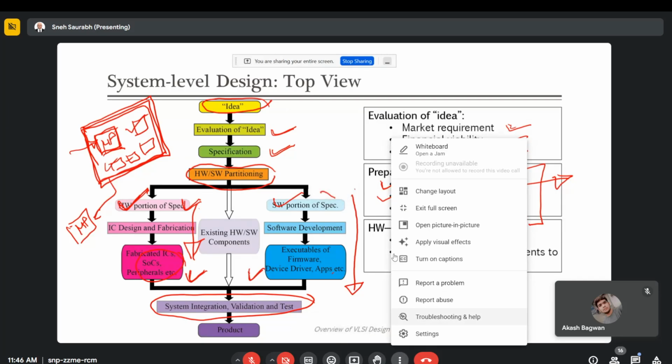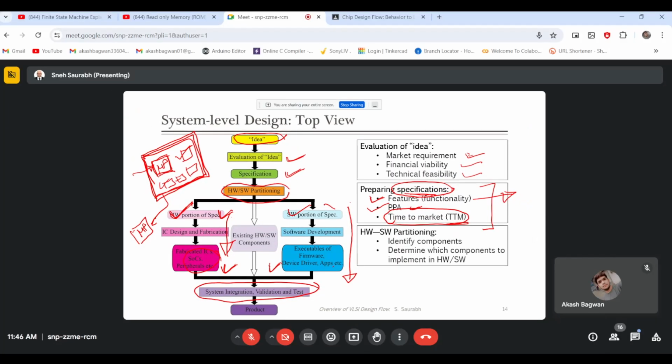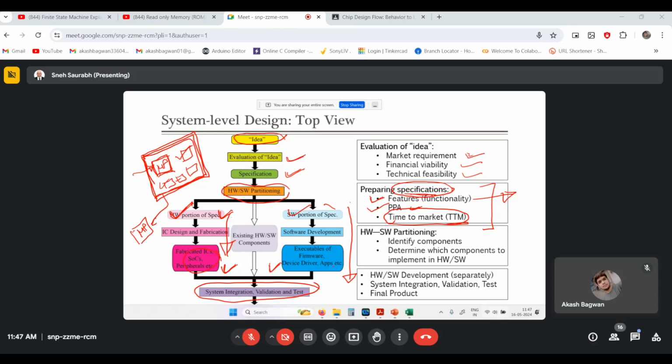So this big picture you should always have: the hardware is integrated with the software, and the final system needs both of them to work together, right?